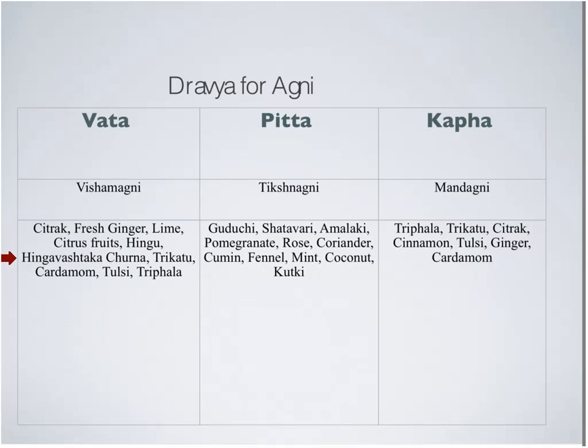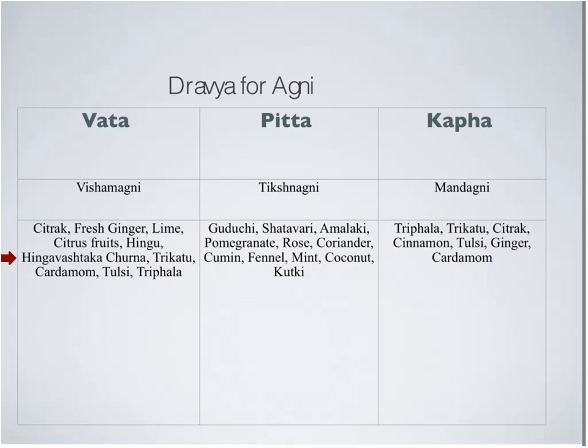There is something called Hingavashtak Churnam. Has anybody heard of this? I think when you were here for the workshop, I made everybody taste it. Maybe it was another workshop. Hinga means Hingu. Ashtak means 8.